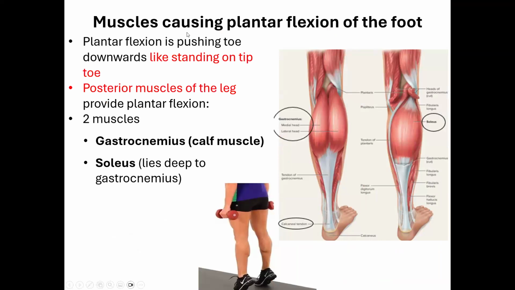And then you have muscles causing plantar flexion. When the foot moves up, it's called dorsiflexion; down is plantar flexion. It's not extension.